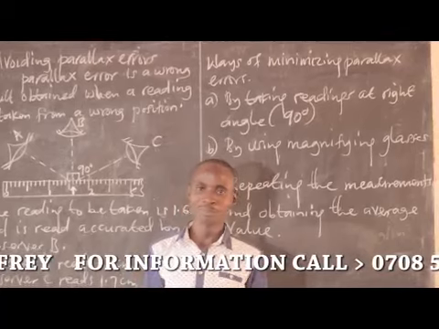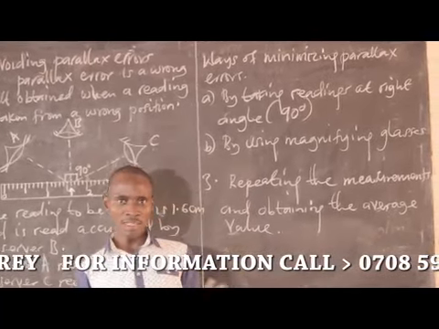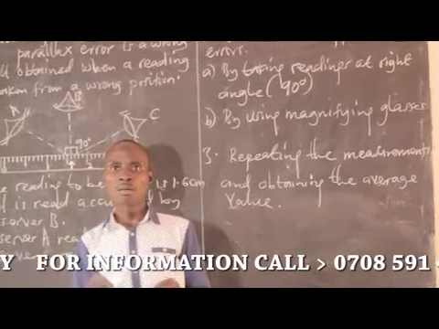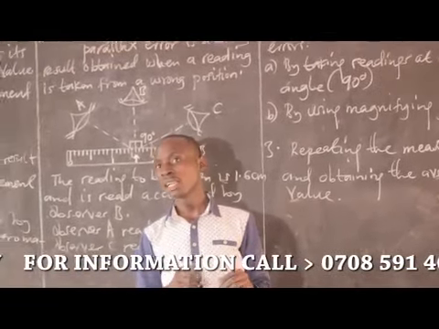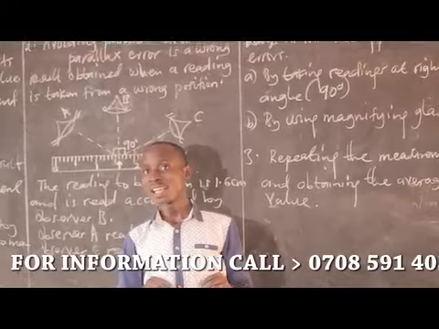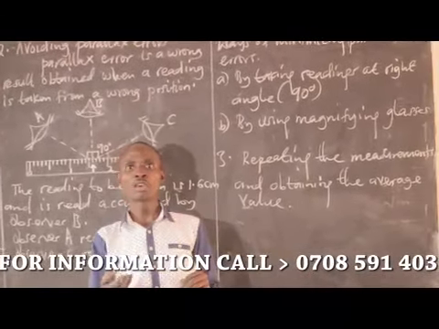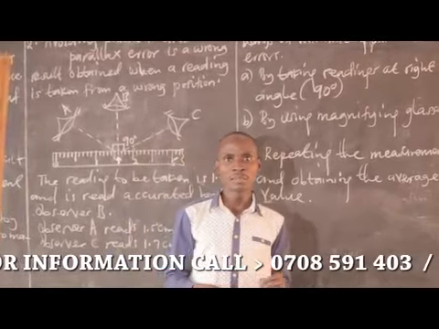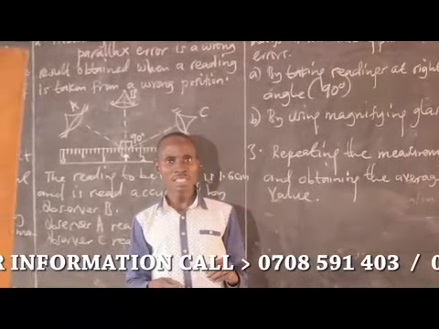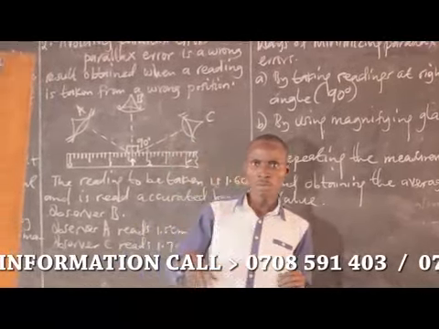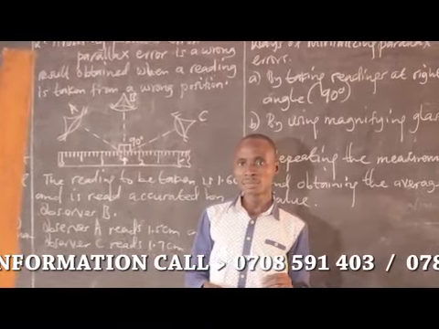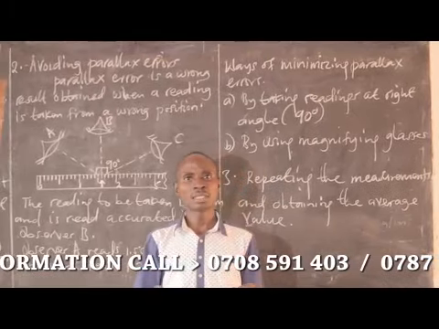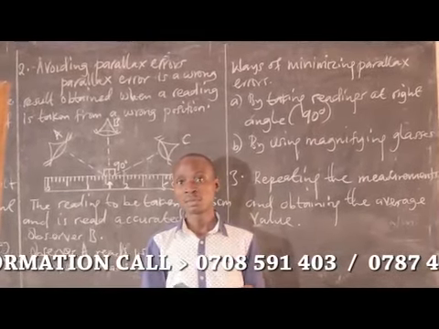When you add them and divide by the number of attempts you have made, you are likely to correct all the other wrong attempts and finally get one correct answer. But if you take only one, what if you pick the wrong one? So in science, we take very many readings, add them, and then divide by their number.